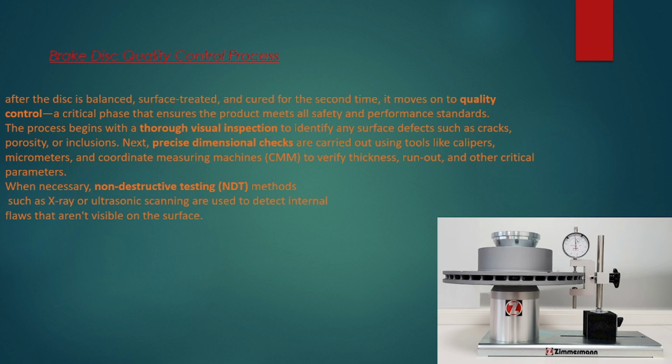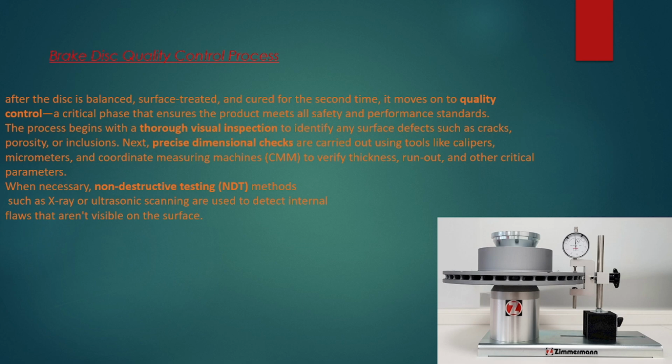Brake disc quality control process. After we have done the coating, the balancing, and the surface treatment with thin layers, and put the discs in the oven to cure, we use the quality control process. Quality control is a critical phase that ensures the product meets all safety and performance standards.